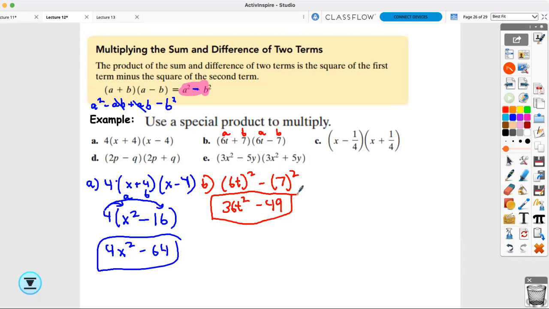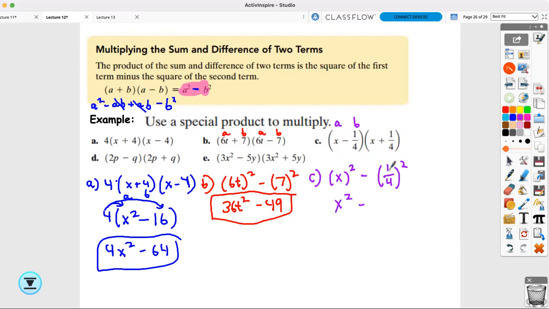Let's look at C. We have x minus 1/4, x plus 1/4. We have a and b established. So it'll be parentheses x squared minus parentheses 1/4 squared. Now, the beautiful thing about this trick is x squared is just x times x, which is x squared.